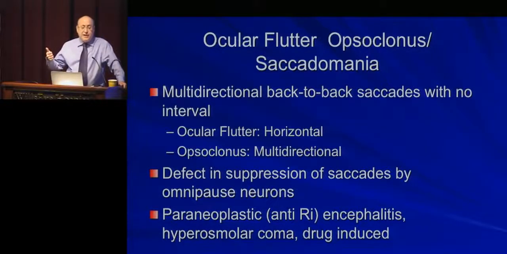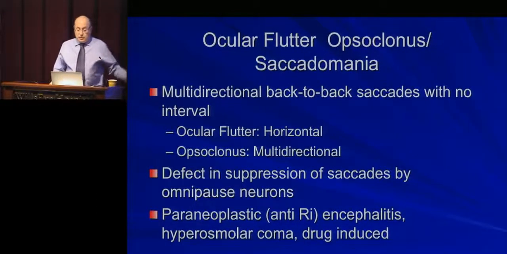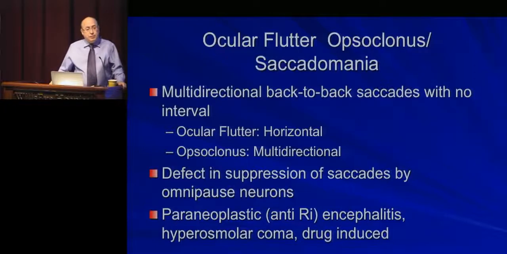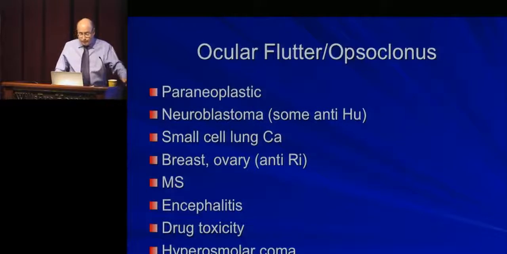Number one, paraneoplastic. Lung cancer in adults, neuroblastoma in kids. It's also seen in hyperosmolar coma from diabetes. It's also drug-induced, but the most common cause is really after a viral encephalitis. Okay? So this is the whole list, but most commonly encephalitis or paraneoplastic.